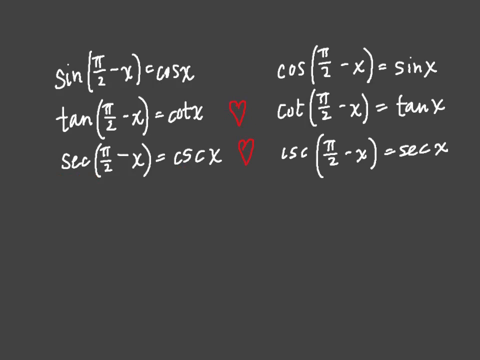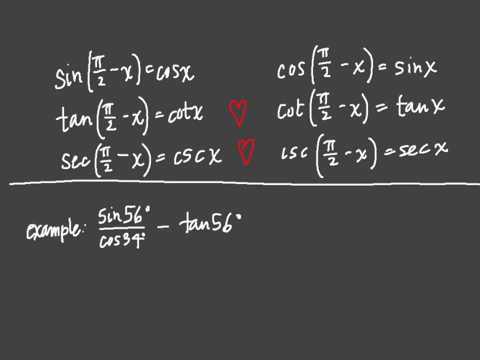So we'll just put little hearts here to remind us that these guys are partners. So when it comes to simplifying expressions like we're about to do, we're going to keep in mind what our partners are in co-functions.